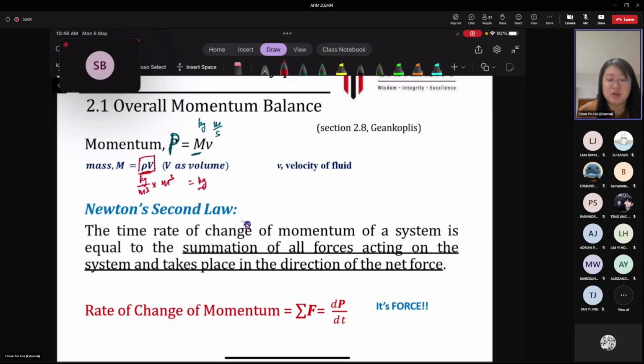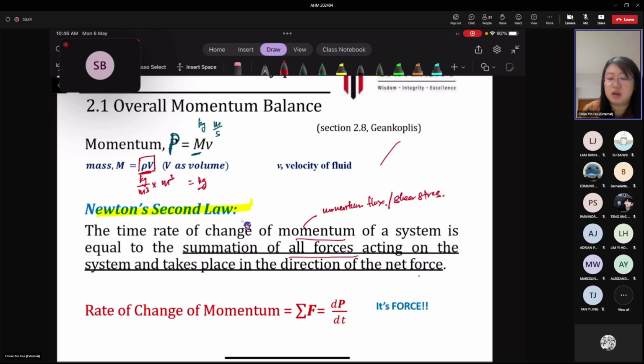Now, according to Newton's second law, the time rate of change of momentum, which is equivalent to momentum flux, if you recall, or the shear stress, equals the summation of all forces acting on the system and taking place in the direction of the net force.